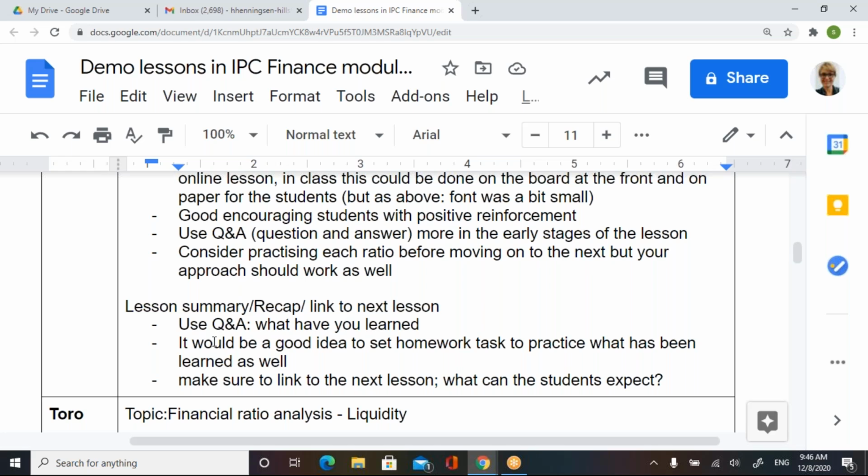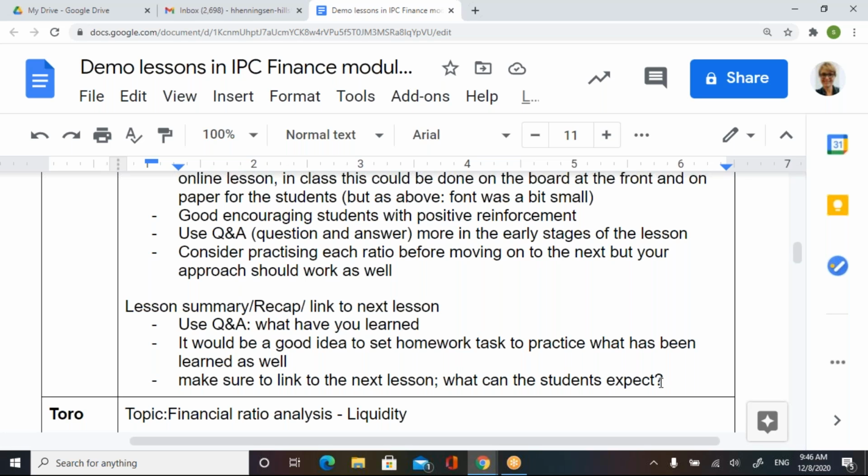Okay, so I would maybe develop a homework task that practices all the 3 or 4 ratios that you've introduced on that day. And also make sure that there's a link to the next lesson. So what can the students expect in the next lesson? I would have thought that's probably the liquidity ratios.